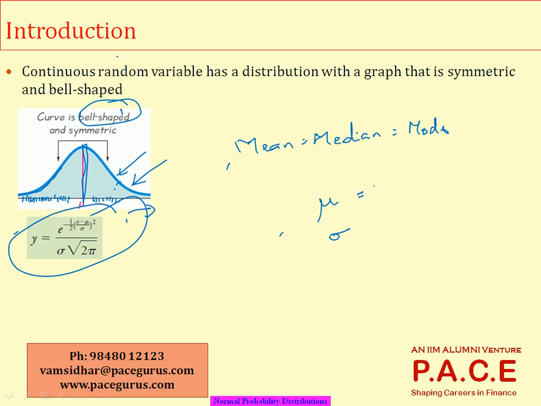Mu is defined as the mean of the normally distributed data, and sigma is the standard deviation. So people say that the normal distribution can be characterized by two parameters, the mean and the standard deviation of the data.